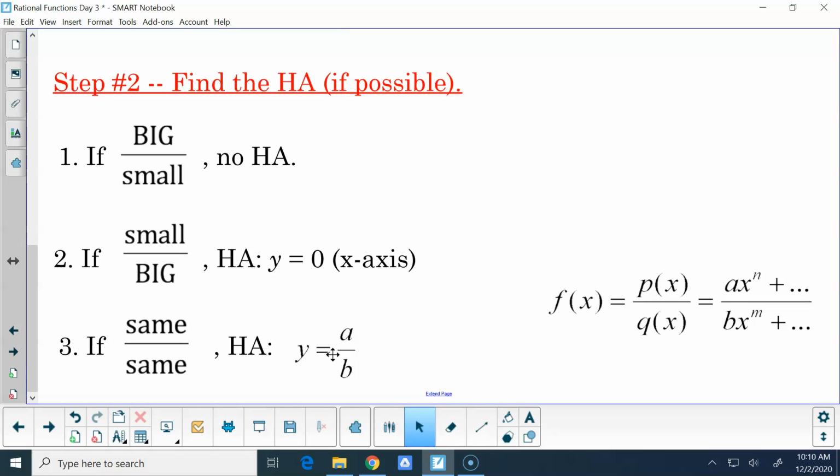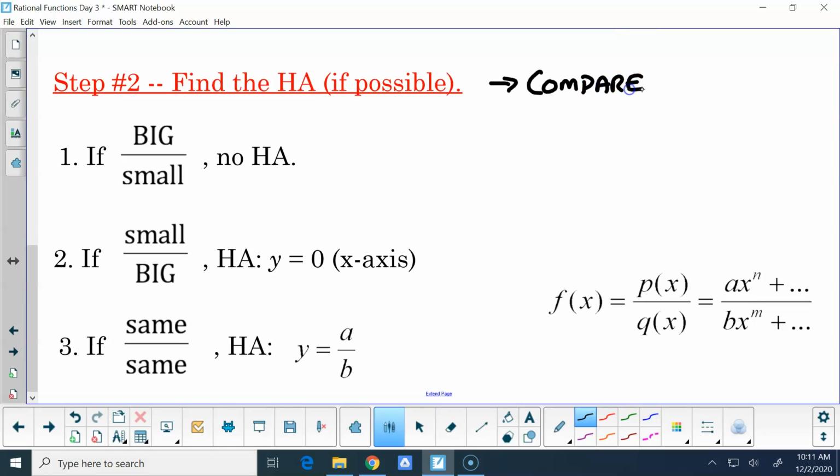If it's big over small in terms of degrees, none.